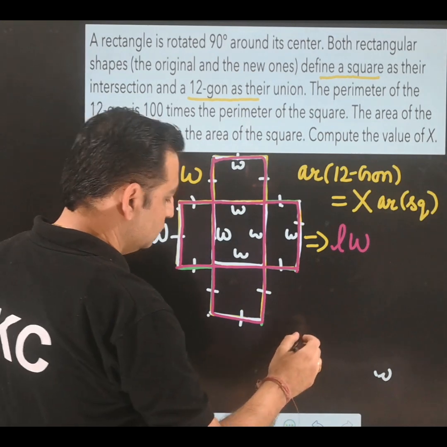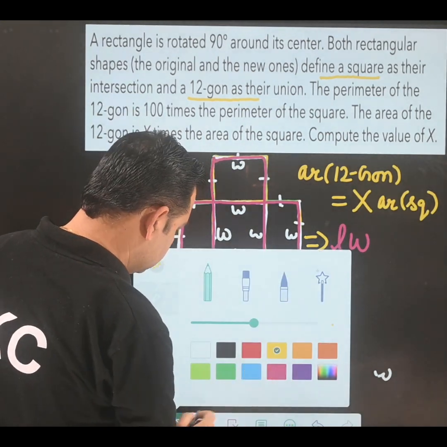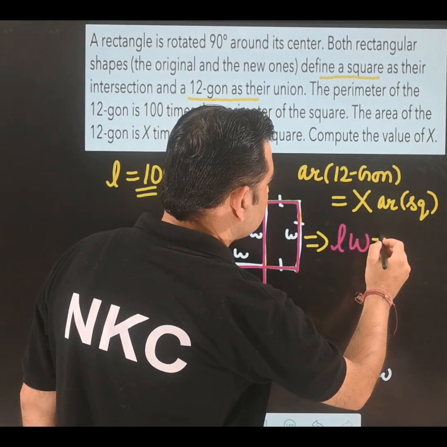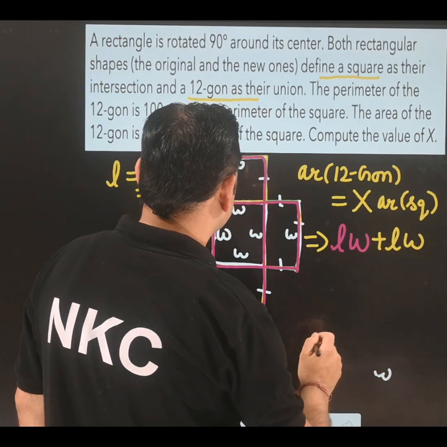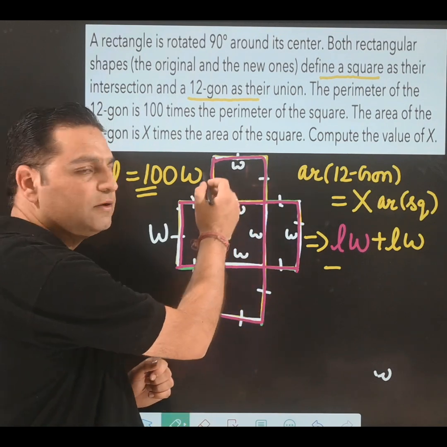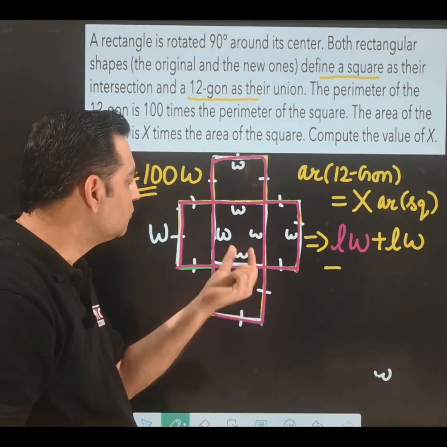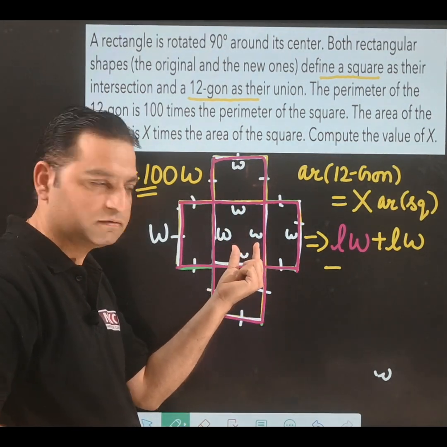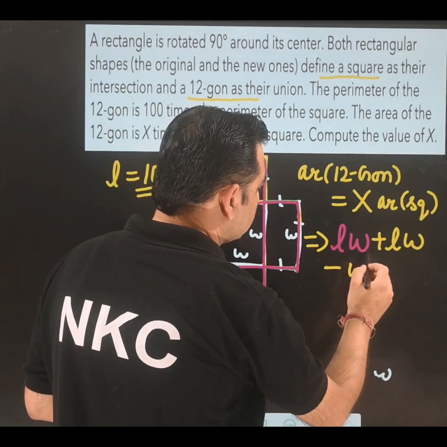Relax. What we will do is write it as LW minus, LW means I am taking full length times width, but from that I am subtracting the area of this square, which is W square.